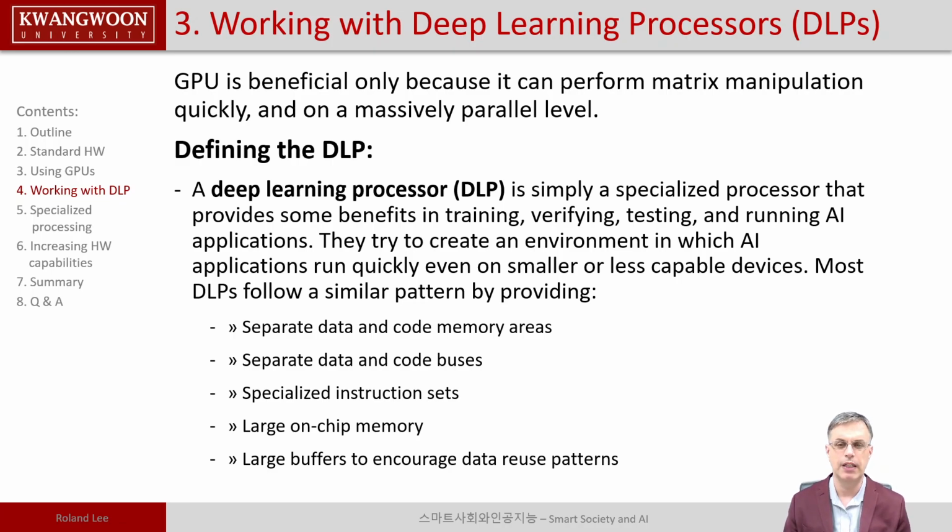Most deep learning processors follow a similar pattern by providing separate data and code memory areas, separate data and code buses, specialized instruction sets, large on-chip memory, and large buffers to encourage data reuse patterns.